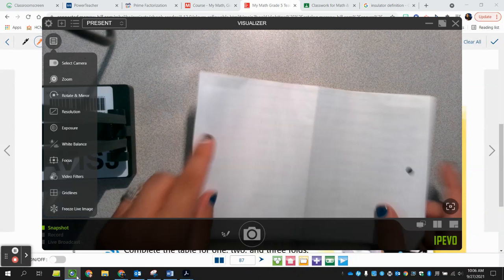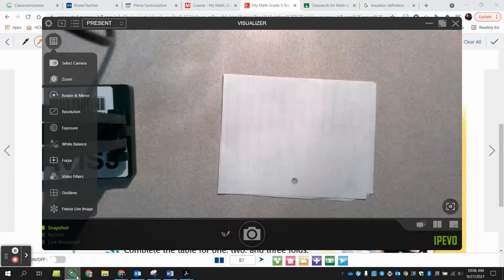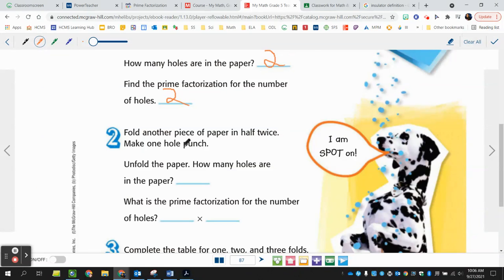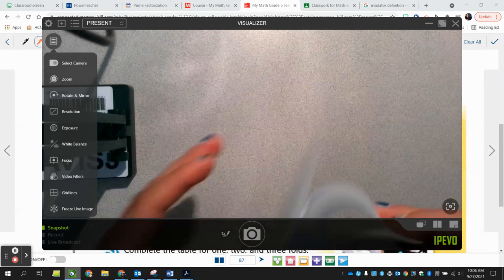So we folded it in half and then we folded it in half again. Make one hole punch. So I've already hole punched it once, and then we will unfold.